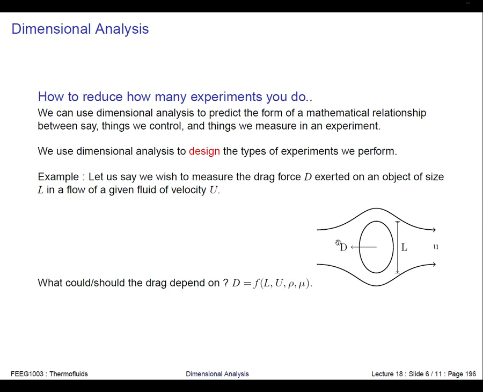So my question is, how does my drag depend on the size of my airship, the velocity I want to go, and the fluid through which I'm going to make it move? I can say quite specifically that my drag is a function of these 4 variables.